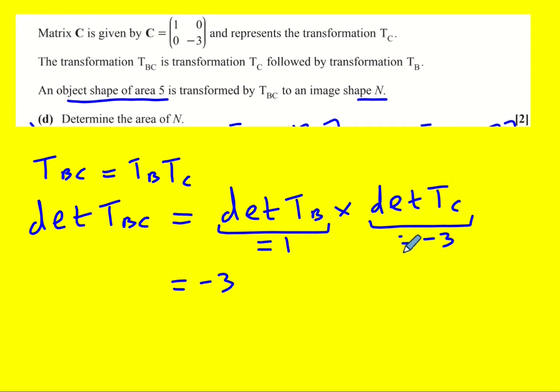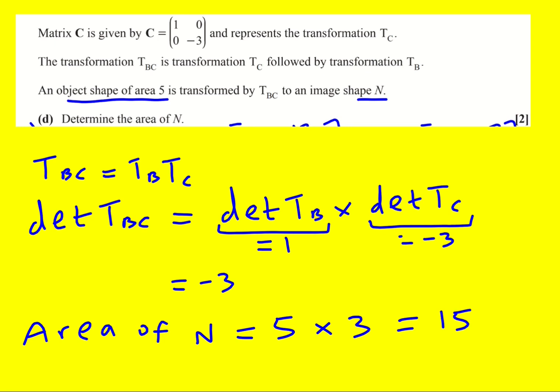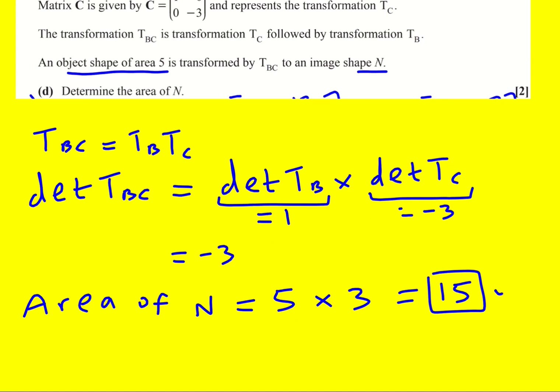Okay, that's it. So the area of n will equal the original area multiplied by 3, which is 15. That is the final answer. You could write 15 units squared if you want. It doesn't talk about a measurement.